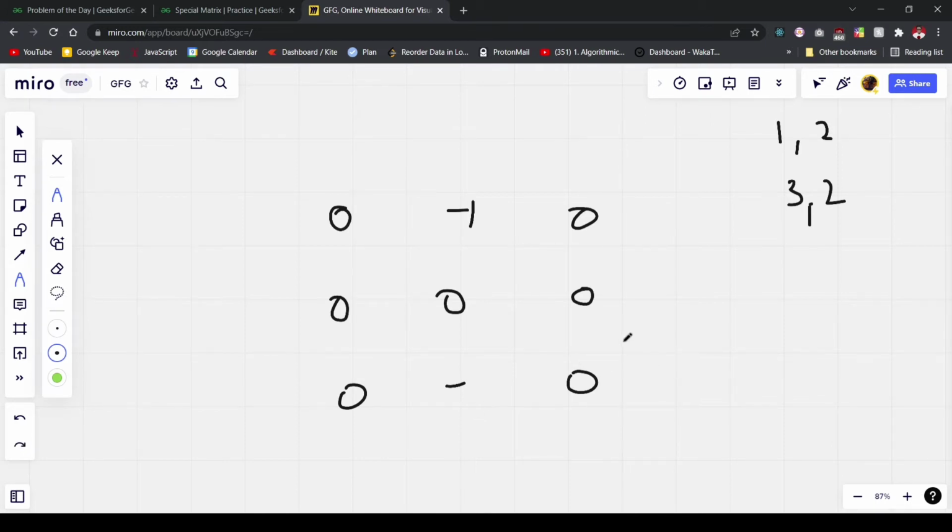Now how will we go about the problem? What we'll do is consider each and every cell of the given matrix and calculate the possibility of reaching this particular cell by consulting the cell right above it and the cell immediately to its left.